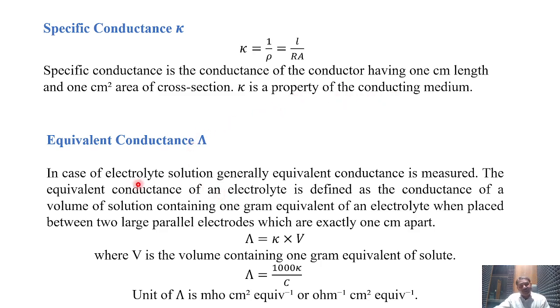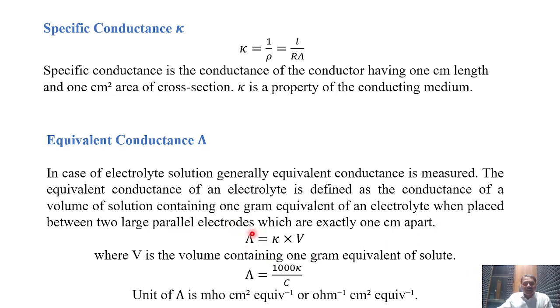Another term we will see is the equivalent conductance, known as lambda. In the case of an electrolyte solution, equivalent conductance is generally measured. The equivalent conductance of an electrolyte is defined as the conductance of a volume of solution containing 1 gram equivalent of an electrolyte when placed between two large parallel electrodes which are exactly 1 centimeter apart.